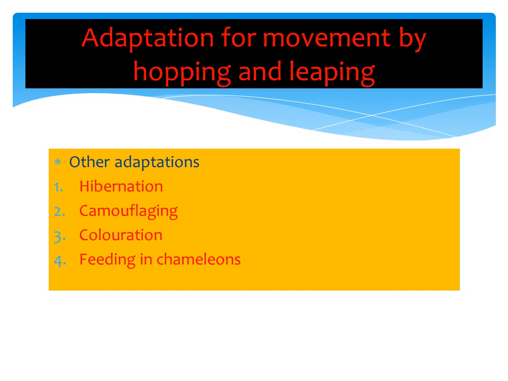Our adaptation number 3 is coloration. Other animals have a skin color that blends well with that of their environment. Such animals use adaptations called coloration.